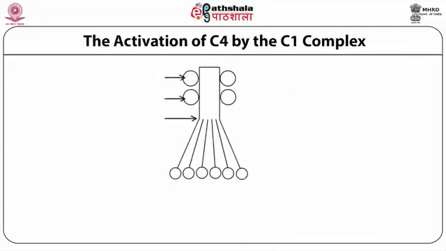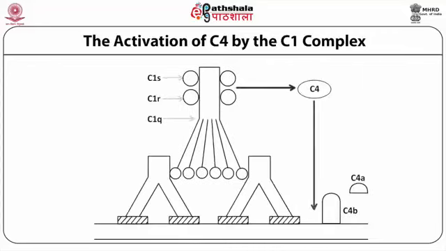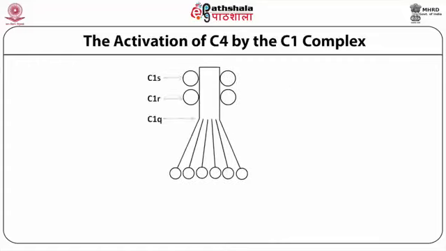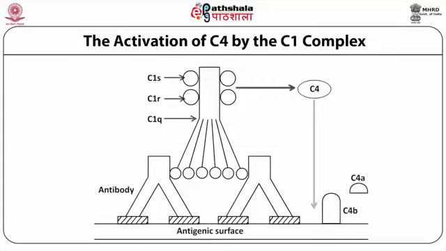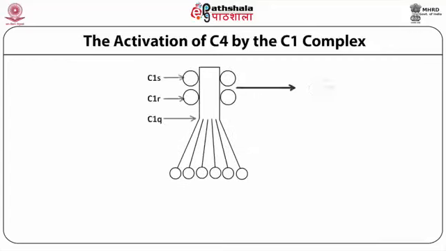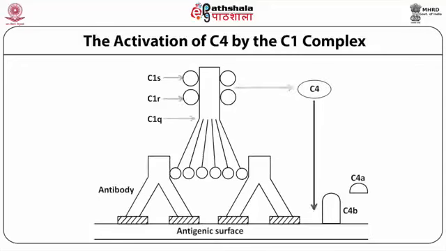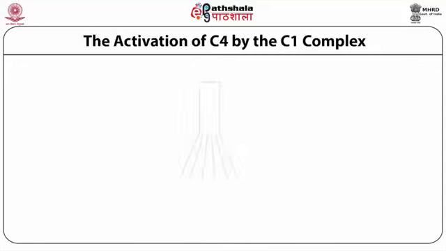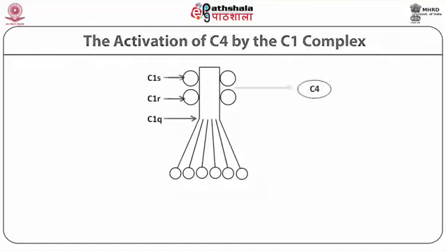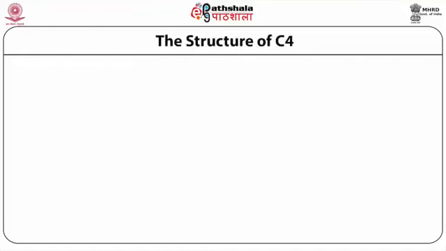Consequently, C1S cleaves C4. The active C1S in fact cleaves the alpha chain of C4 to form 2 fragments: a small fragment from the N terminal called C4A and a major fragment called C4B. Let us look at the structure of C4.